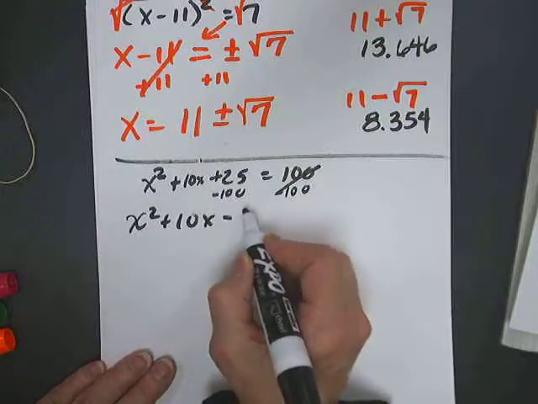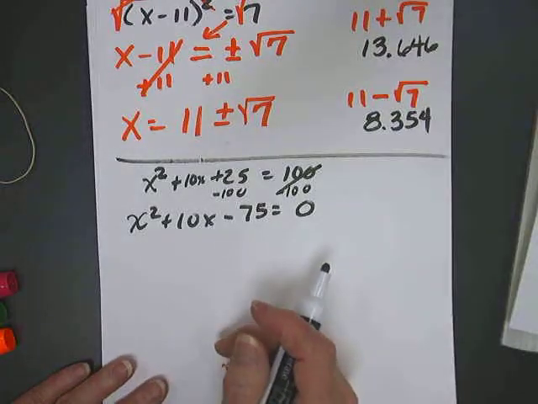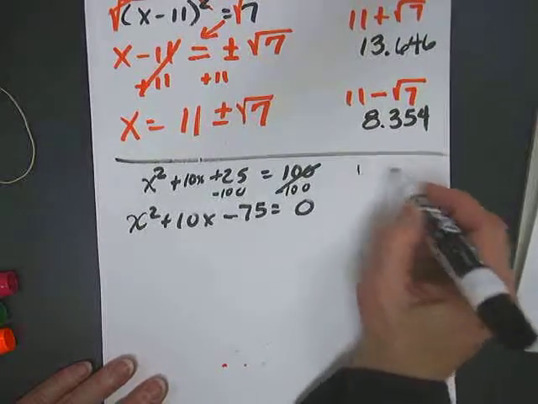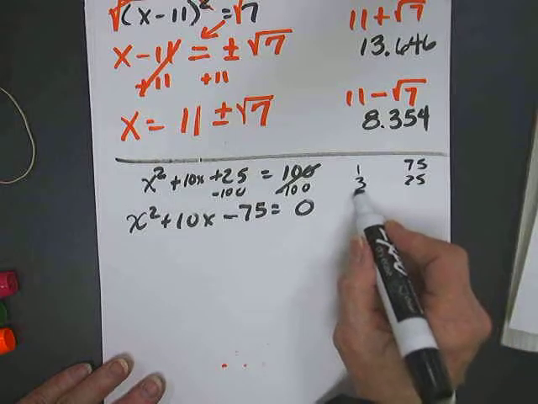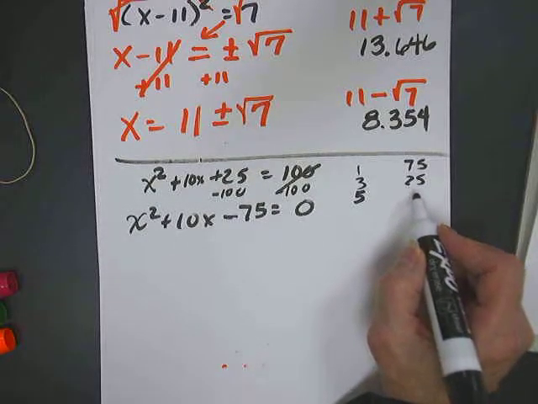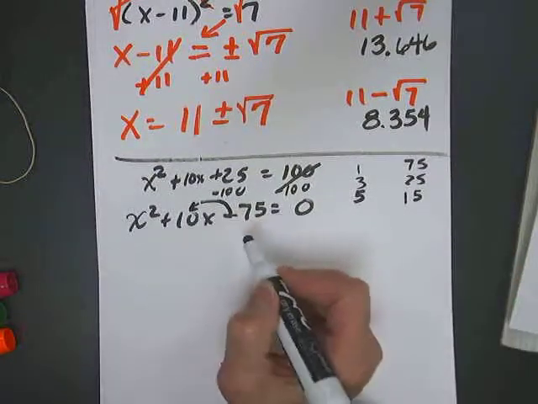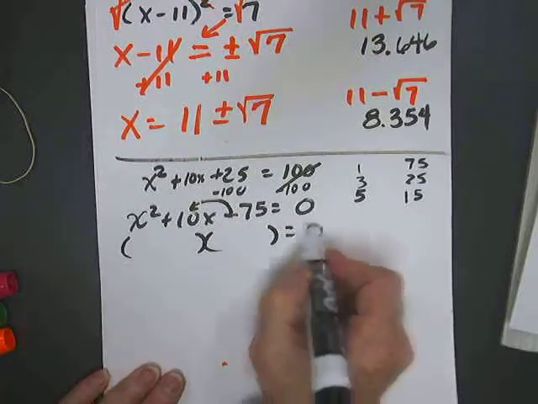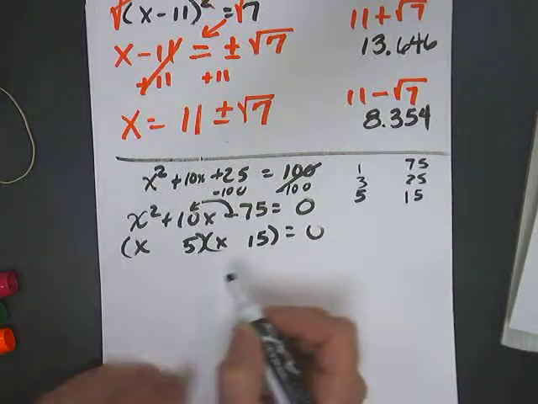So we need to subtract 100. x squared plus 10x minus 75. Let's see, we got 1 times 75, 3 times 25, 5 times 15. Okay, there's the one that's 10 apart, right?